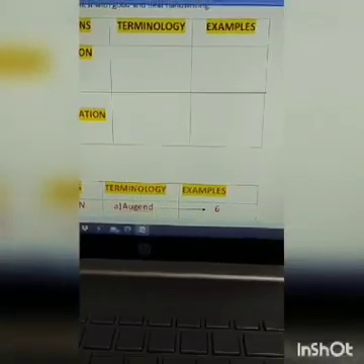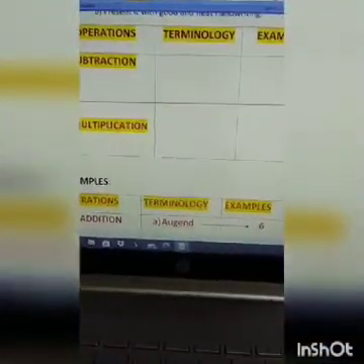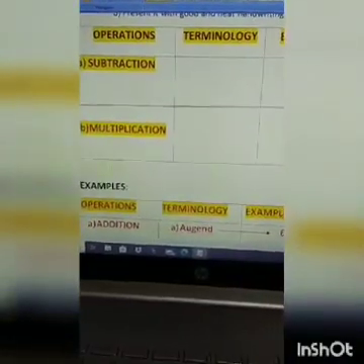Your part, you will complete only subtraction and multiplication. These two you will do as I did addition and division.